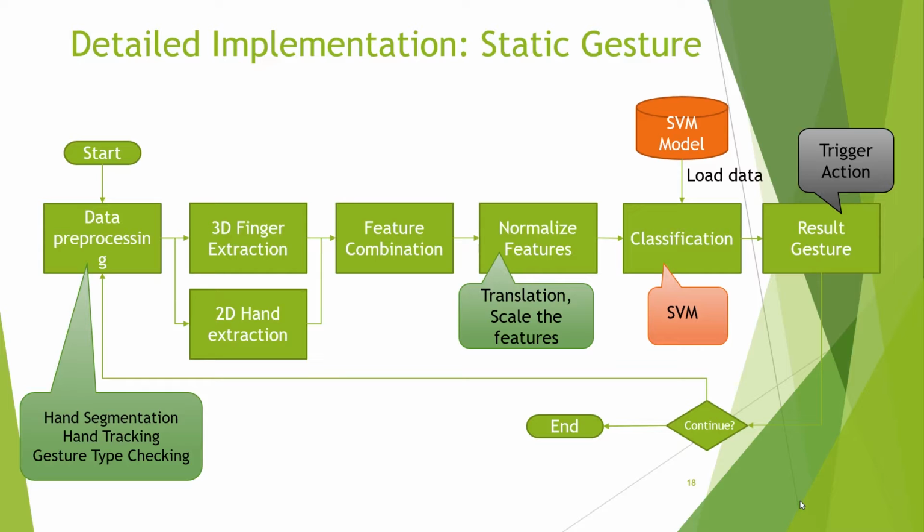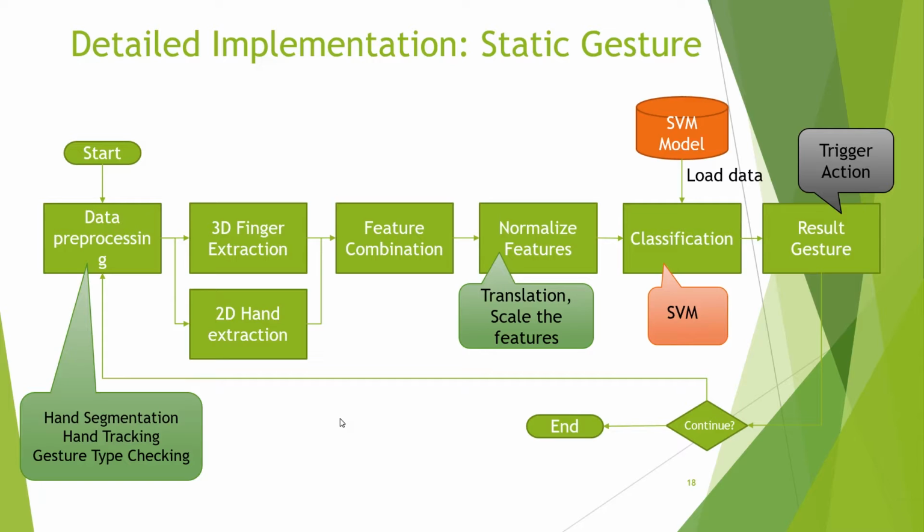First, after we gather the data from the RealSense camera and do the data pre-processing, such as hand segmentation, hand tracking, and gesture type checking, we extract the 3D finger position and 2D hand contour features, and combine the features as explained before.